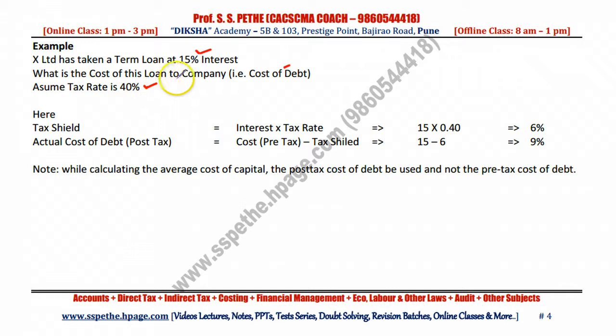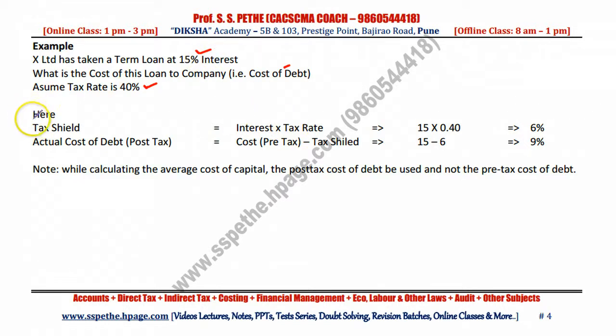Now if we look at this question, prima facie you will see that 15% is the cost of debt, but this is not true. Company is going to save the tax also, and because of that the cost of debt will be less than 15%. So 15% is basically pre-tax cost of debt.